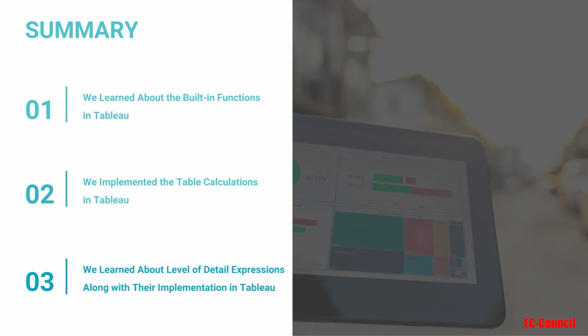Moreover, you can write one yourself as well. In the end, we explored the level of detail expressions in Tableau, including the fixed, include, and exclude LODs. You are now aware of how to use these calculations in Tableau.